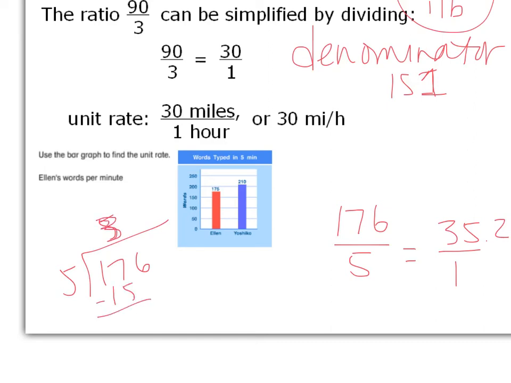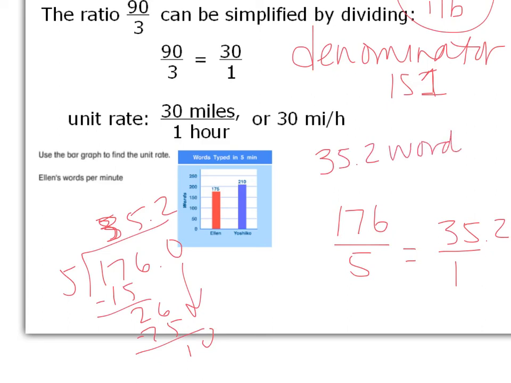Just 15, 2 left over. That's going to be a 5, which is 25. 1 left over, add a decimal point, there's your work, and you're going to get 2 left over. So it's 35.2 words per 1 minute. Okay? All right, next.